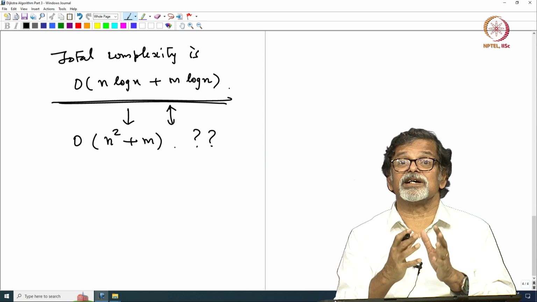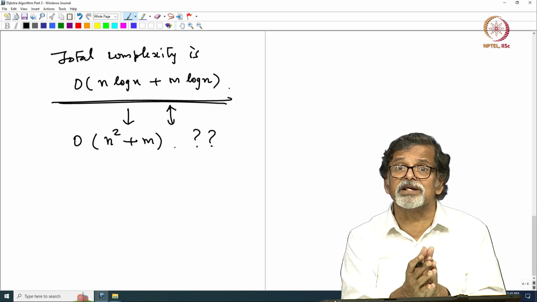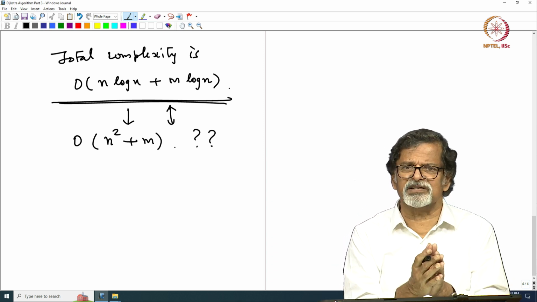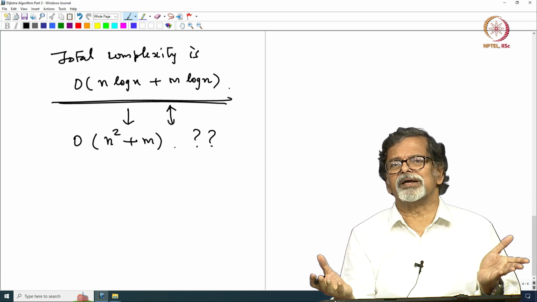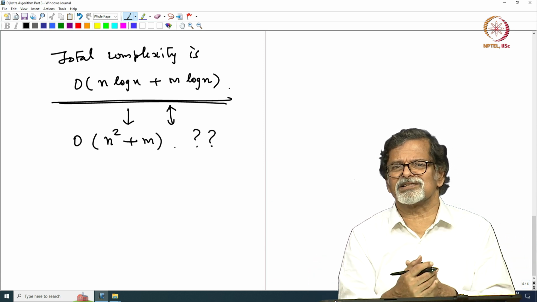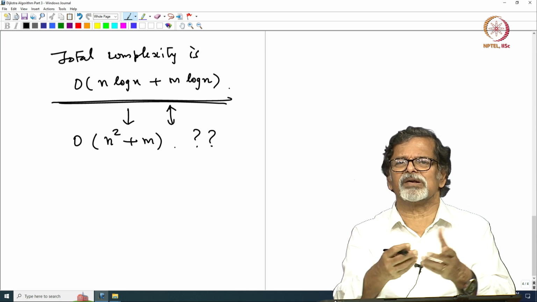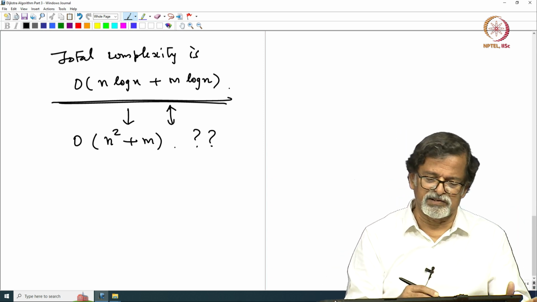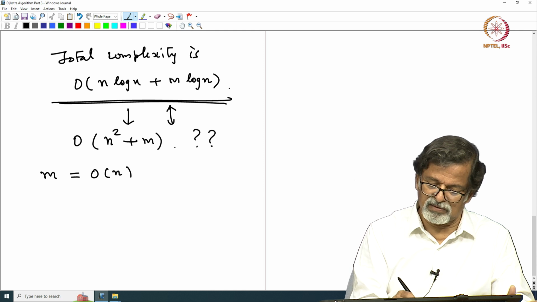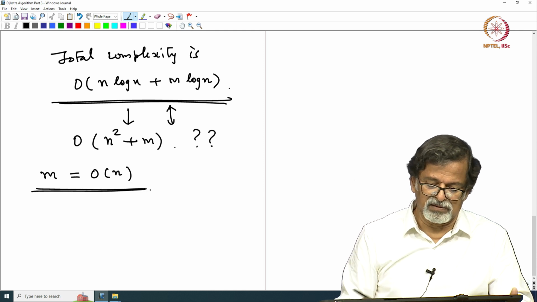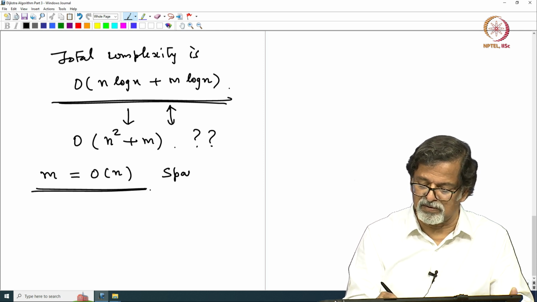If the graph is a sparse graph, sparse means less number of edges. For example, planar graphs have only order n edges. There are many graphs which will have, let us say, order n edges. Let us say m is order n. This is a sparse graph.